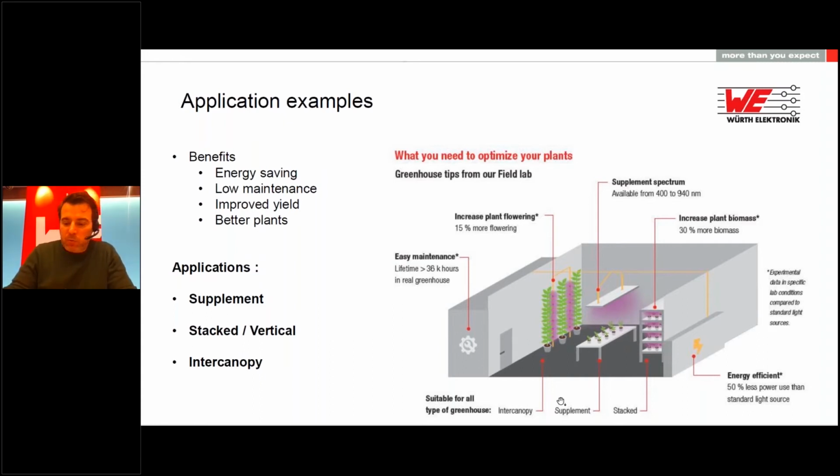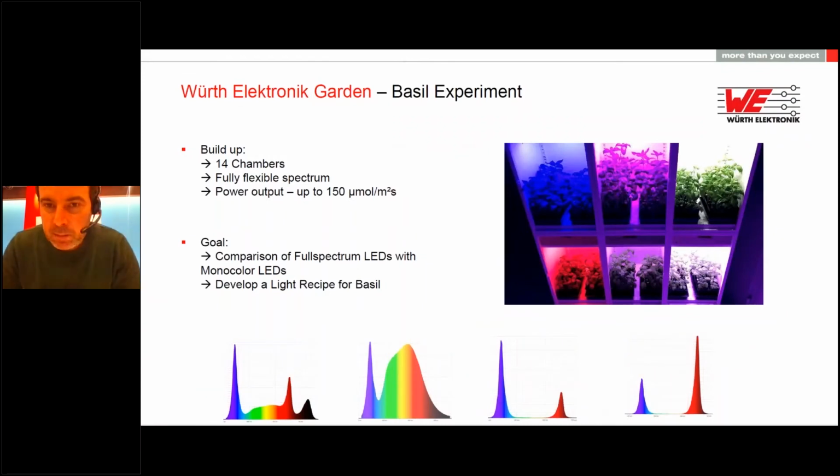Now I would like to show you some of our experiments, what we did, because we are interested not only in producing the component, but also in helping you in your next steps to build the perfect garden and the perfect greenhouse.